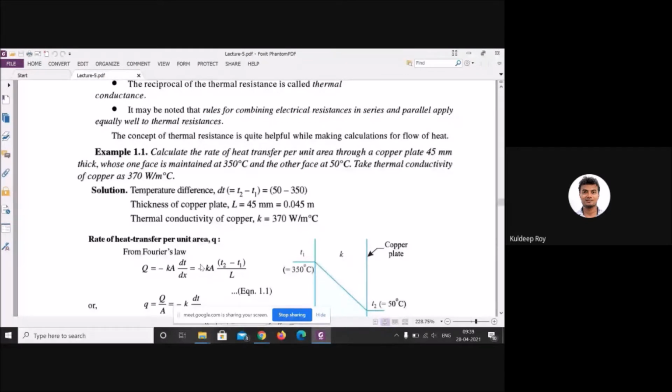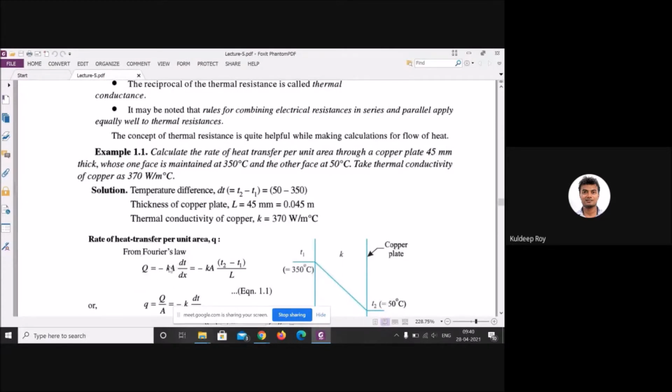Just write down all the values given and apply the formula Q equal to minus KA del T by del X. Here we are looking for heat transfer per unit area. What does that mean? This particular portion, the area, will go here.